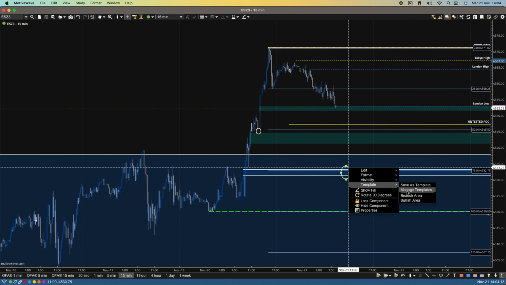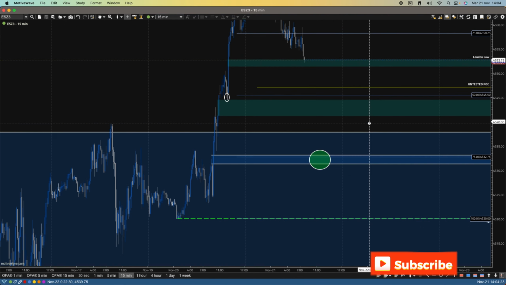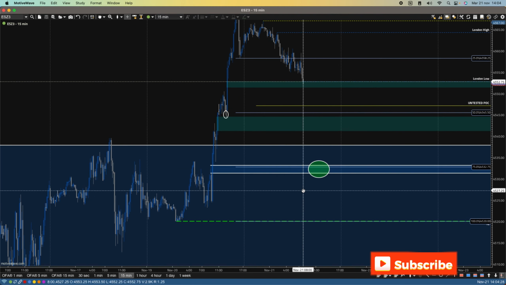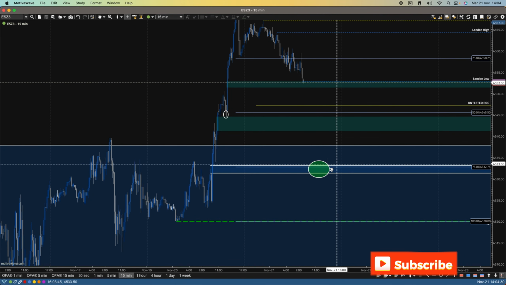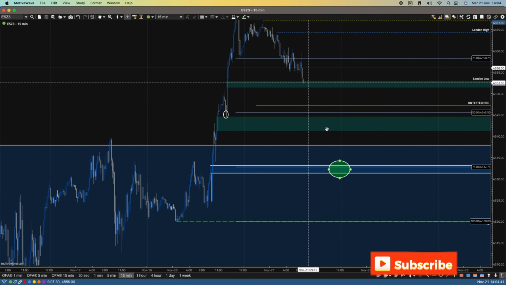Obviously the more discount the zone is, the higher the probability will be of a good risk to reward ratio. But you know, I'm not sure obviously the price will go bouncing over here.